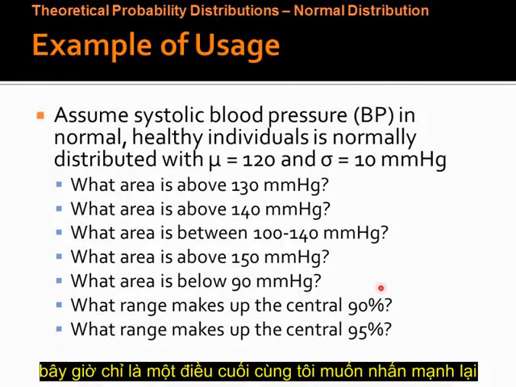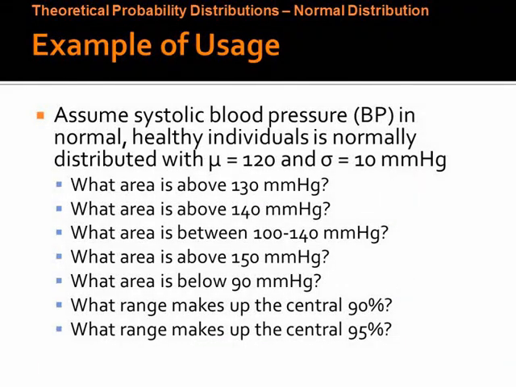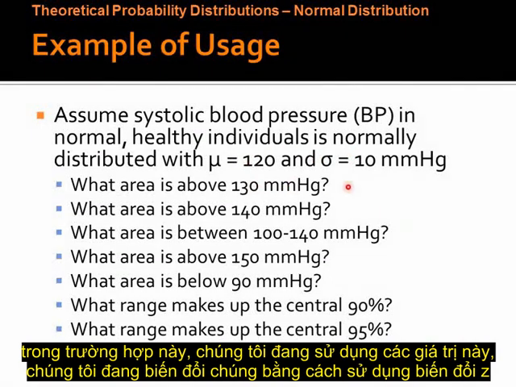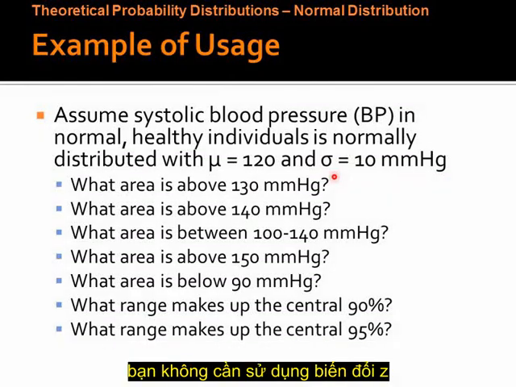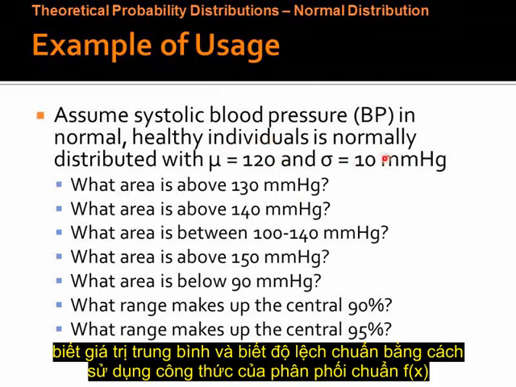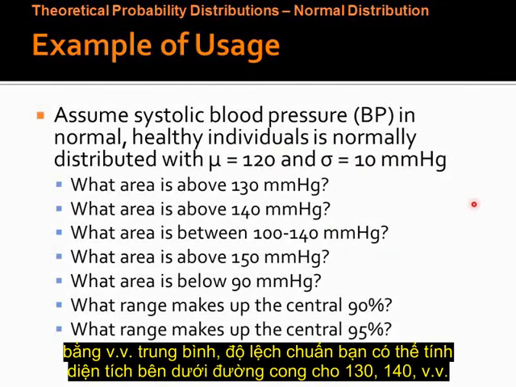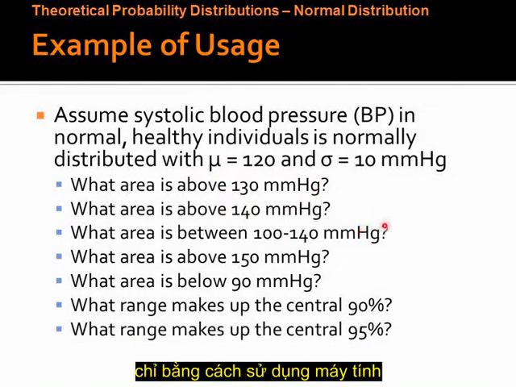Now, just one last thing I'd like to emphasize again. In this case, we are transforming the values using the z transform, and then we're looking them up with tables. Now, if you really wanted to, you do not need to use the z transform. Knowing the mean and the standard deviation, using the formula of the normal distribution, f(x) equals and so on, you could calculate the area underneath the curve for 130, 140 and so forth by yourself, just using a computer.